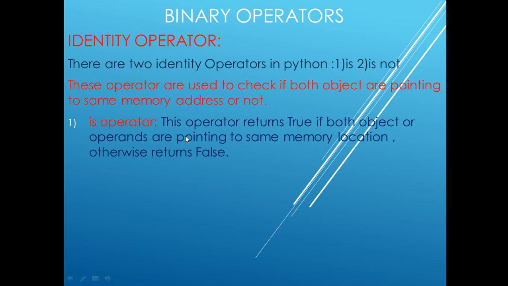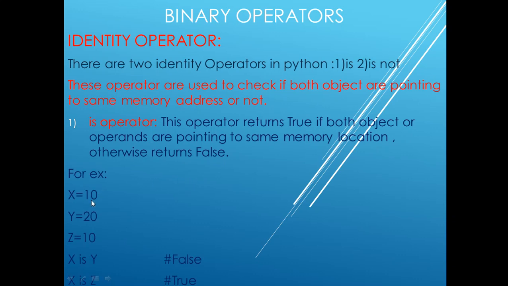The 'is' operator returns true if both objects, meaning both the variables or operands, are pointing to the same memory location. Because it is a binary operator, both the operands must point to the same memory location, then only it will produce the result as true, otherwise it will return false.